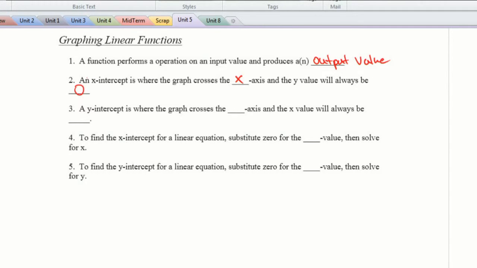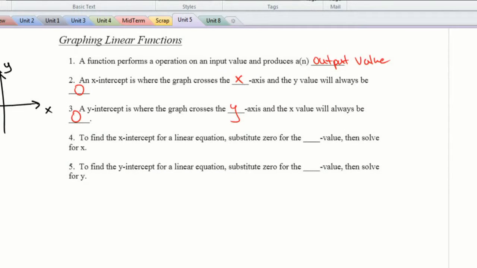So we looked at a few equations. We substituted y equal to 0, solve for x. Same thing when it's sort of the opposite. So if we're talking about the vertical axis, y-axis, the x value will always be 0. And remember, if we have a graph, we have our x values, we have our y values.